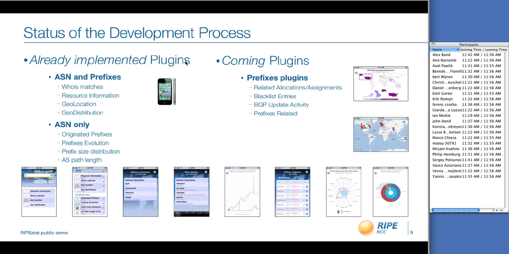Okay. This is the status of the development process. The following are the plugins implemented so far. We have 8 plugins for ASs and 4 plugins for prefixes. 4 new plugins for prefixes are also coming, and the priority of implementation of those plugins, the related allocations, assignments, blacklist entries, BGP update activity, and prefixes related to this prefix, can actually change according to your desire.